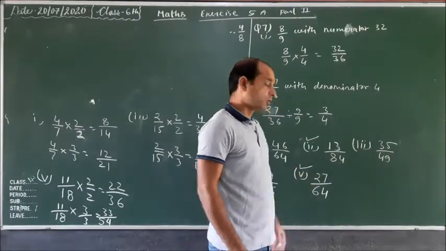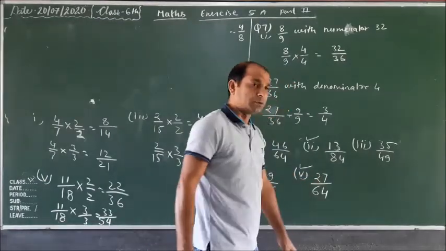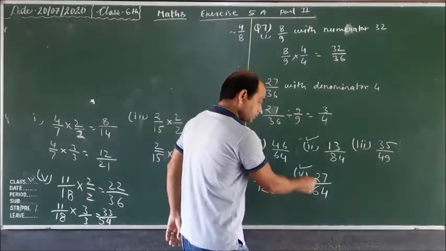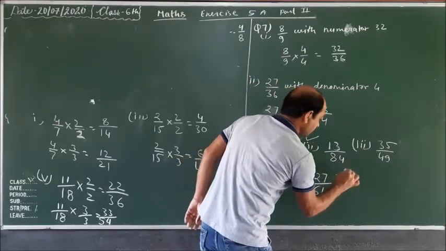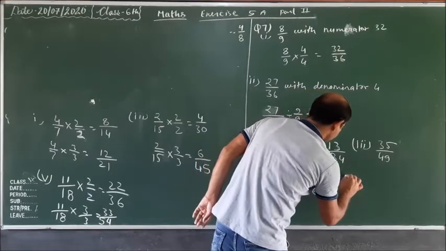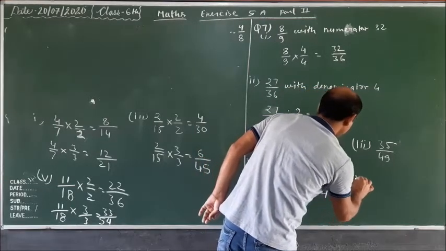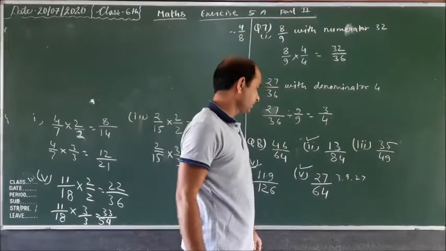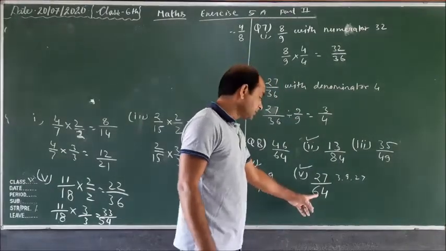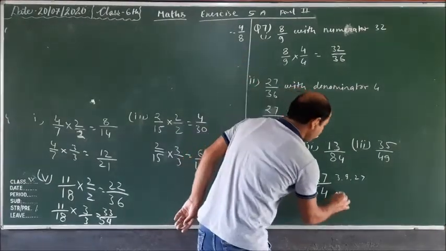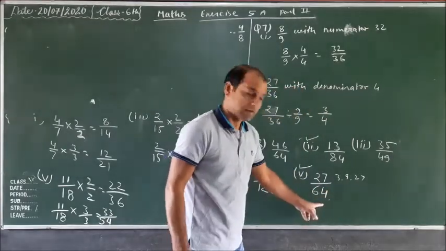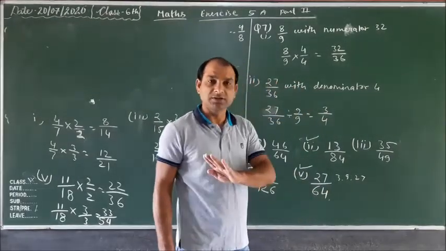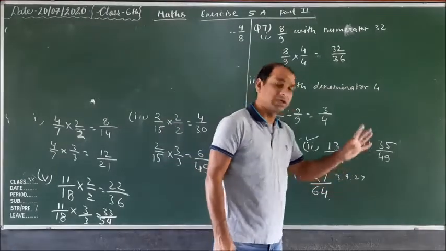27 upon 64. Both numbers are composite, but 27 is divisible by 3, 9, 27, and 64 is not divisible by 3, 9, 27.